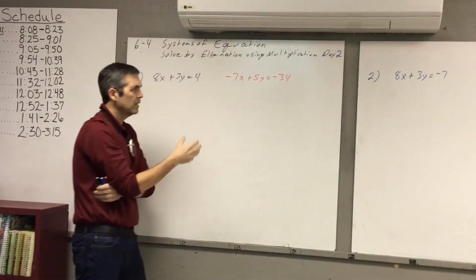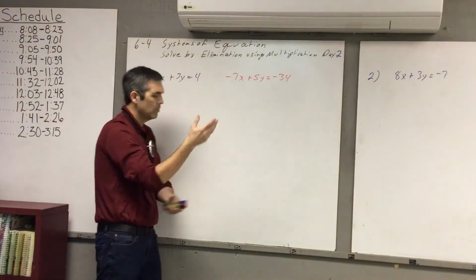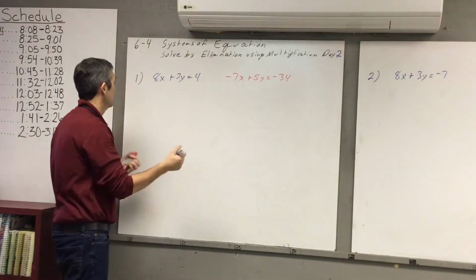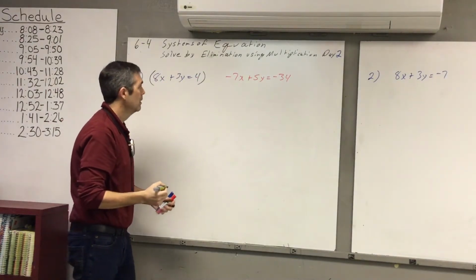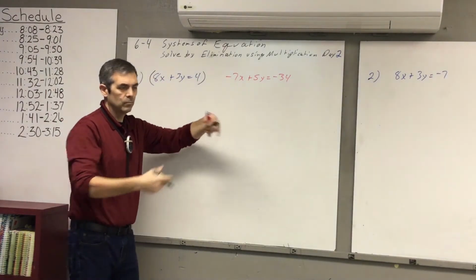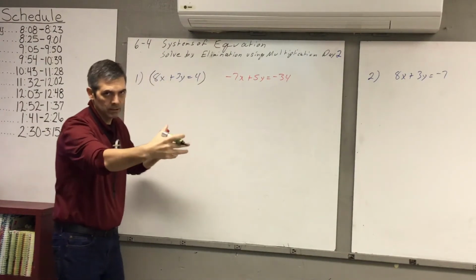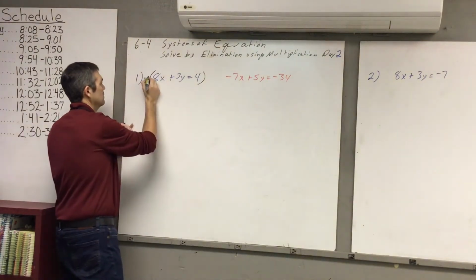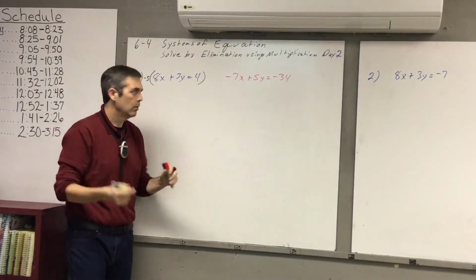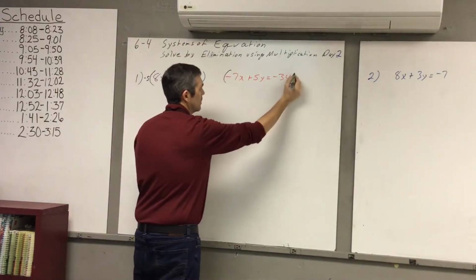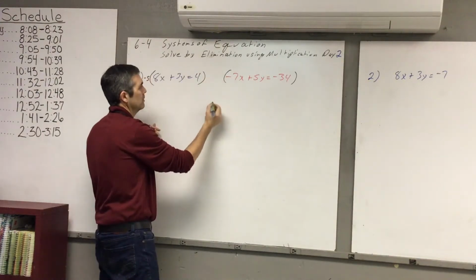So I'm going to multiply this equation by 5, and really I'm going to multiply by negative 5 to clear out that y term. At this point, you should start to see how that's going. And this one, I'll multiply by 3.